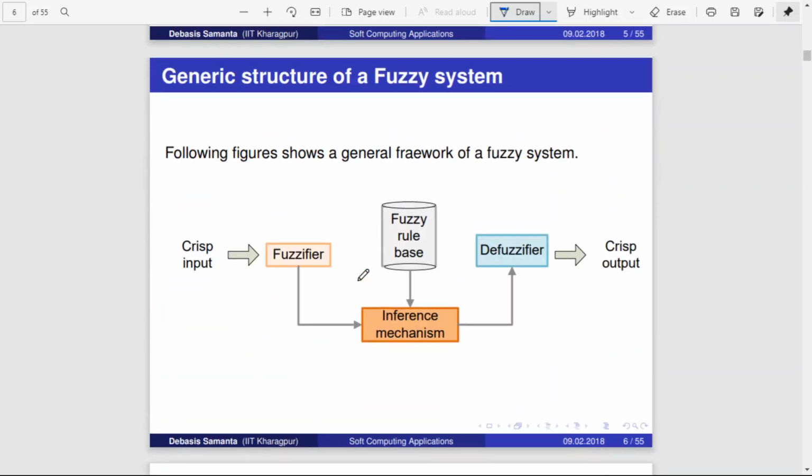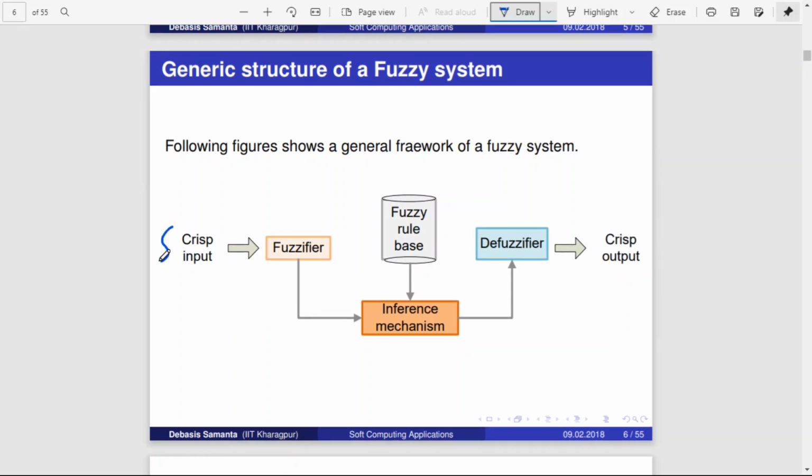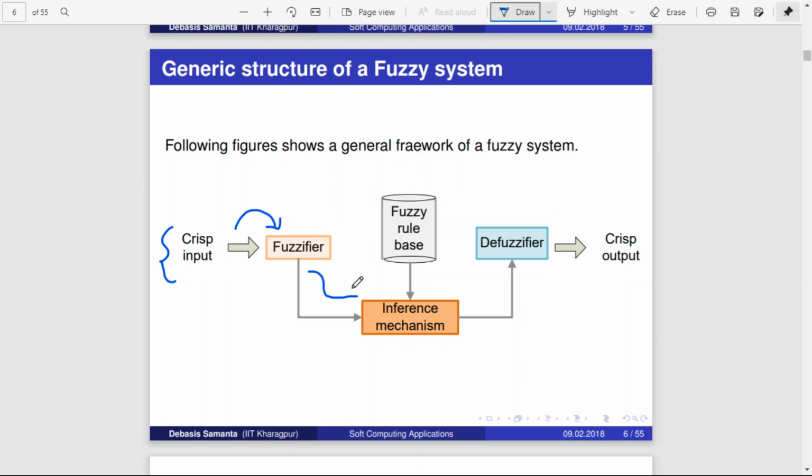This is the general structure of a fuzzy system. The fuzzy system basically takes a crisp input, and it is passed on to the fuzzifier. The fuzzifier is the one which converts the crisp input into a fuzzy input, and then it goes to the inference mechanism where some inference rules will be applied.